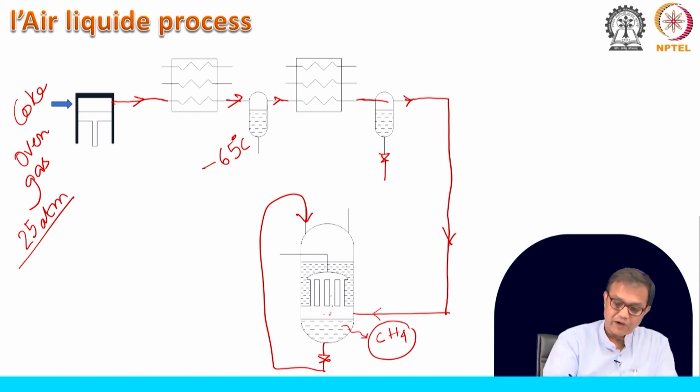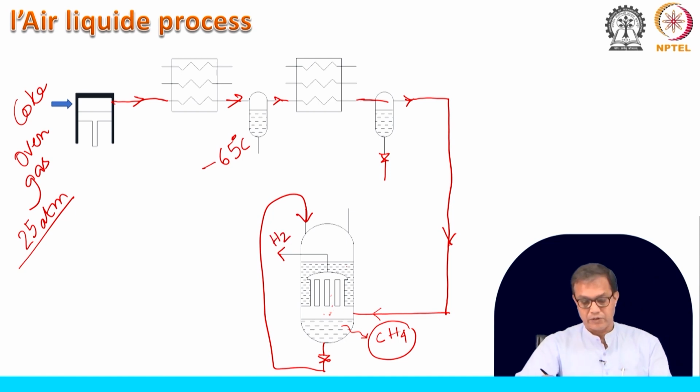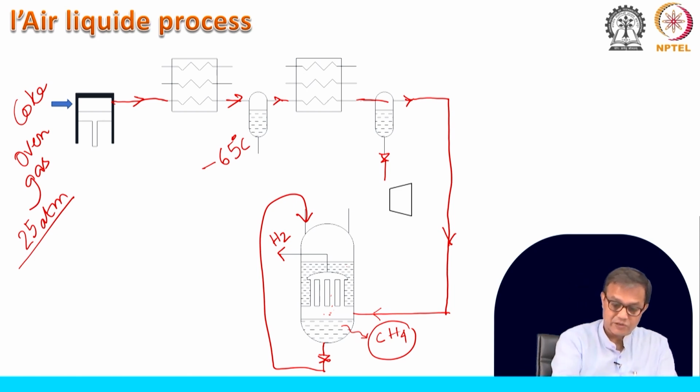what we will find is basically the hydrogen will be coming out in the form of gaseous hydrogen, and this gaseous hydrogen is under pressure, because we have not expanded this hydrogen, right.